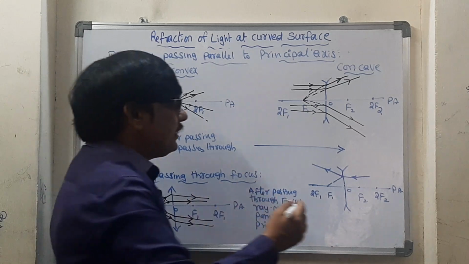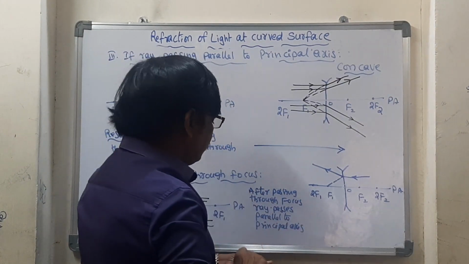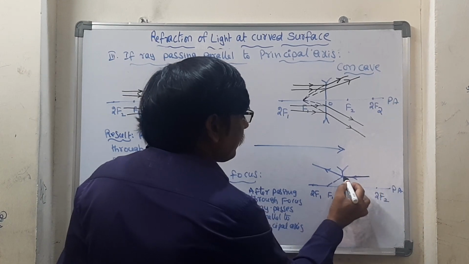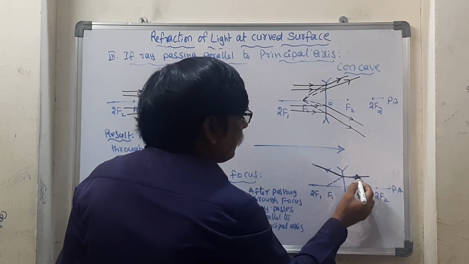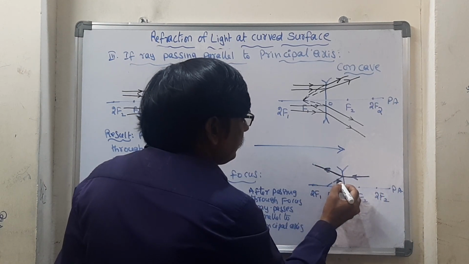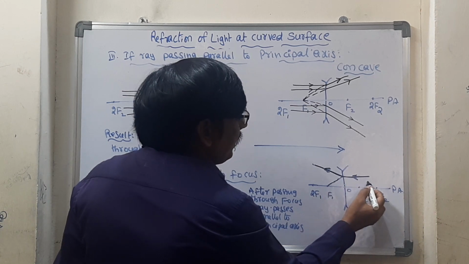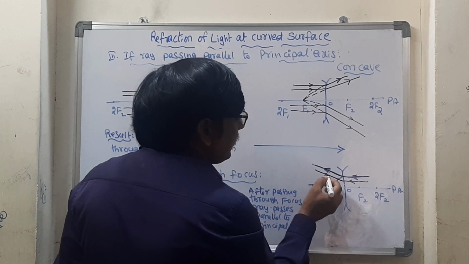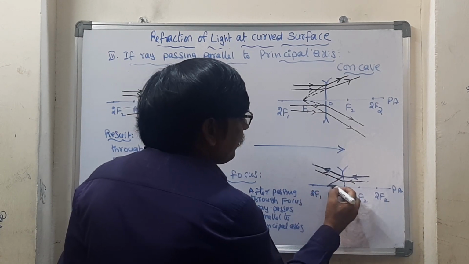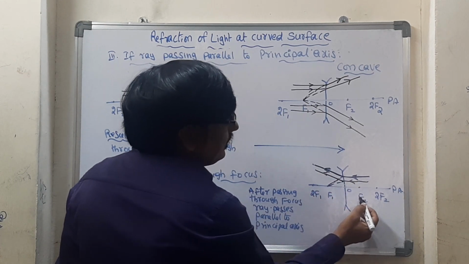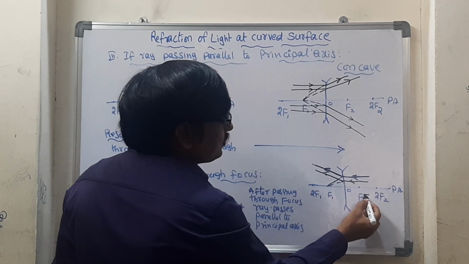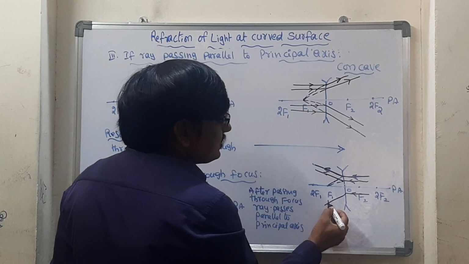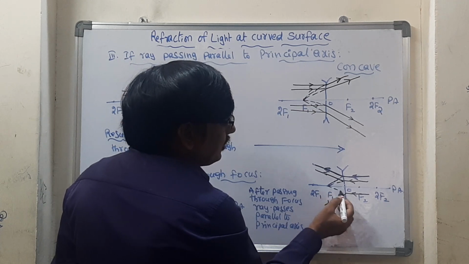Okay, now let us take one more. We are using black here, so we can extend the duplicates. Now let us take one more ray, which also undergoes diverging, and from the same point, let us take one below the principal axis. That undergoes diverging, so we will take the duplicate.